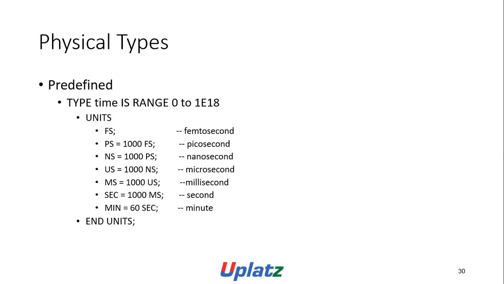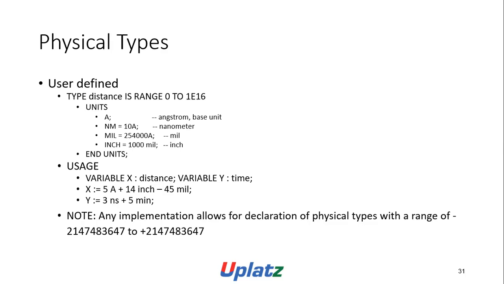Units: FS femtosecond, PS is 1000 FS picosecond, NS is 1000 PS nanosecond, US is 1000 NS microsecond, MS is 1000 US millisecond, SEC is 1000 millisecond second, MIN is 60 seconds minute, end units. User-defined: type distance is range 0 to 1E16, units A angstrom base unit, nm is 10 A nanometer, mil 25,400 A, inch 1000 mil, end units.